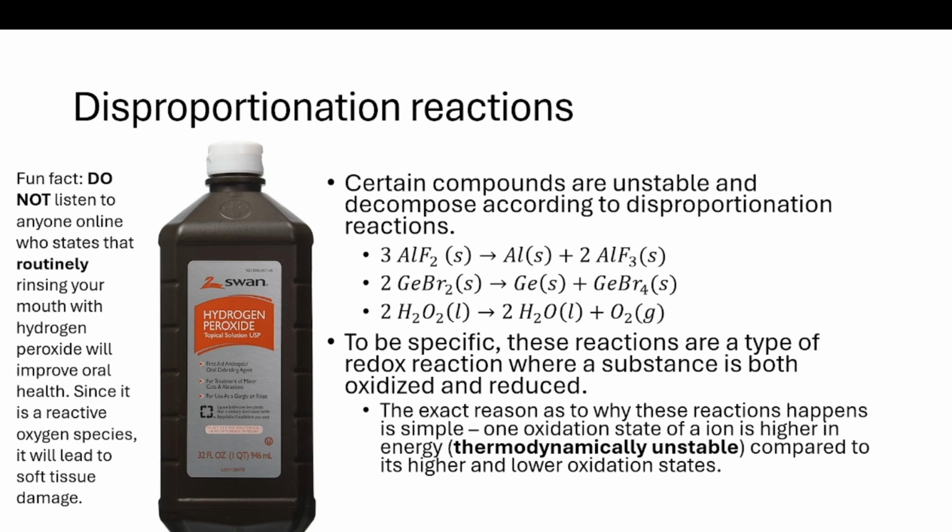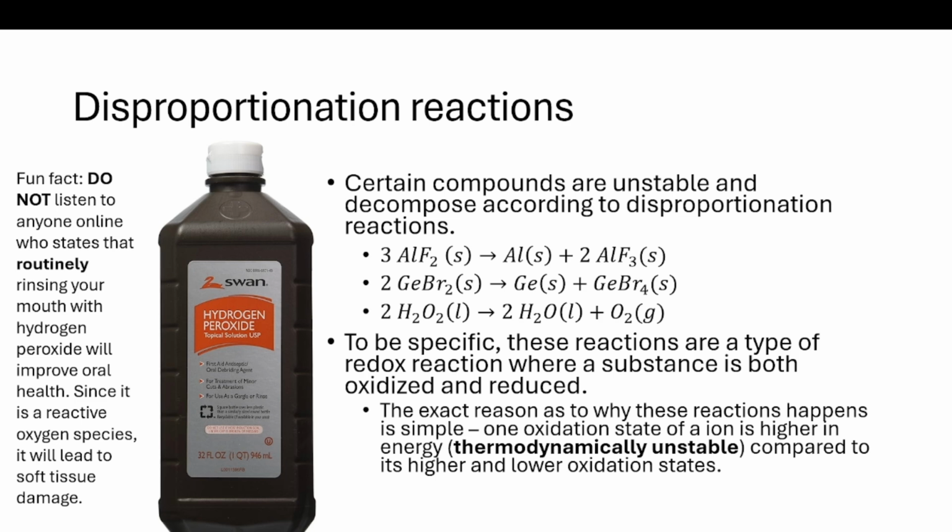And so you can see there are reactions where you're going to have products that come from a reactant that is both reduced and oxidized, meaning that we get one species where the oxidation state is reduced and one where the oxidation state is increased. And to be specific, this kind of reaction is a specific case of a redox reaction where electrons are transferred.